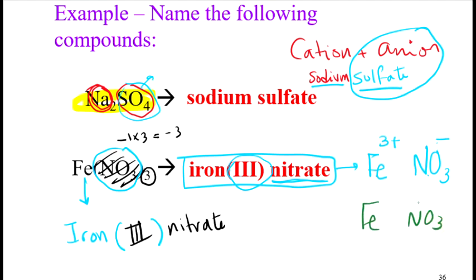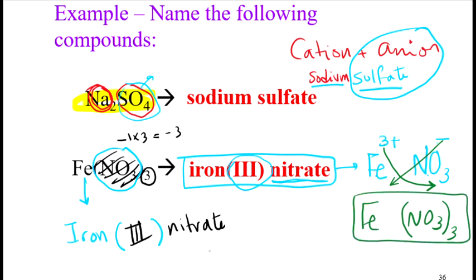Fe, NO3. Please look here. 1 for Fe and 3 for NO3. Whenever we cross that, these 3 belong to all of the elements here. So I use parentheses and 3. Don't multiply the numbers. You just need to use parentheses. And we don't write 1. Fe(NO3)3, as you see here.